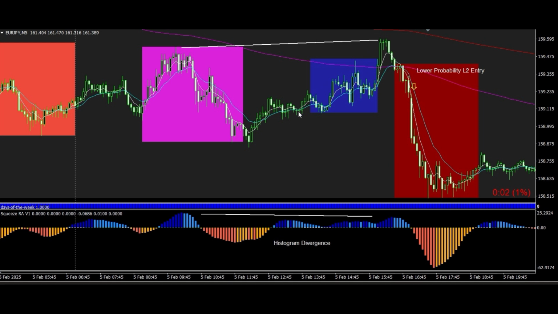But one thing you might take confidence with is that this is a full level 3 move with an extra level 1 and level 2 to take out liquidity. So that might give you confidence to actually enter this trade. But you would only enter when price closed below the 5 EMA. And really, you would only enter after price closed below the 5 EMA on the 1-hour chart.